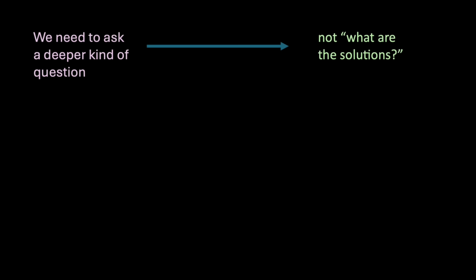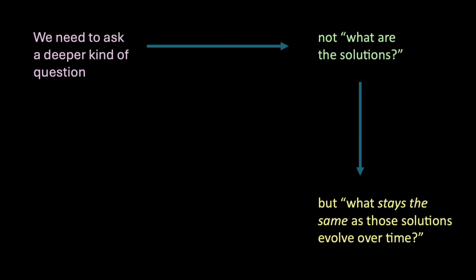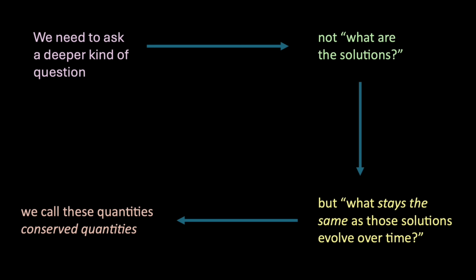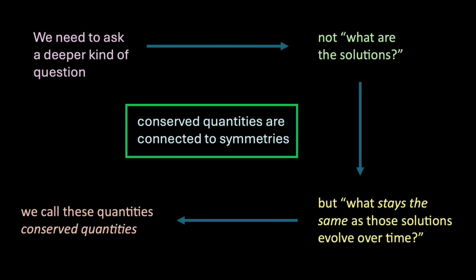Not just what are the solutions, but what stays the same as those solutions evolve over time. In physics, we call these conserved quantities, and in quantum mechanics, conserved quantities are tightly connected to symmetries, invariances in how the system behaves. So let's dig a little deeper.